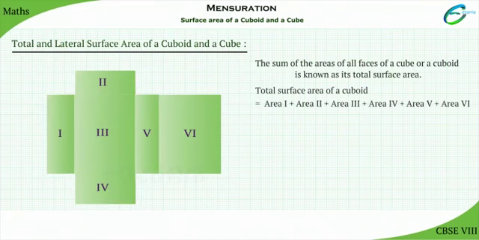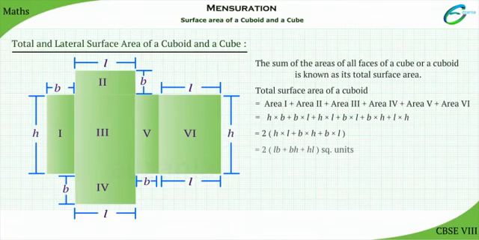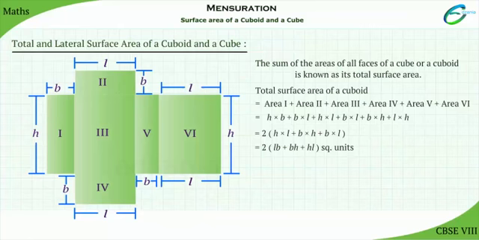Given the length, breadth, and height of this box is L, B, and H respectively. Let us substitute these values. We get the total surface area of the cuboid as the sum of 2 times height and length, 2 times breadth and height, and 2 times breadth and length.